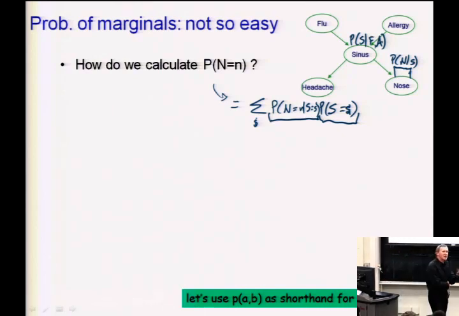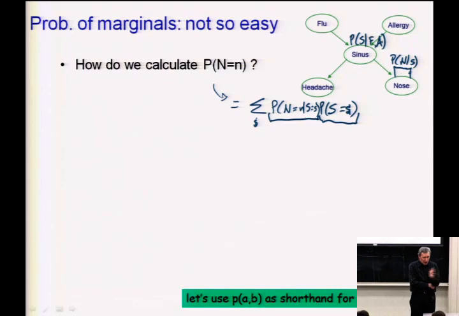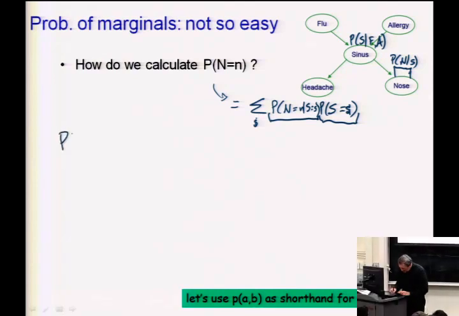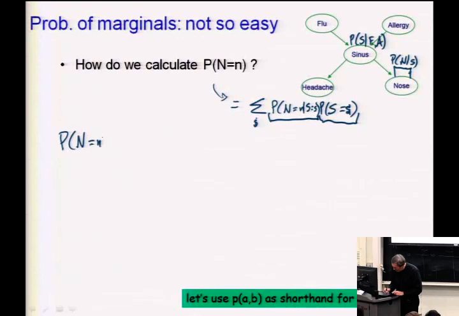The general way, of course, is to go back to basics. Think of our joint probability table with one row for every possible joint assignment of the variables, and say, well, the probability of n taking on the value n is just the sum over, well, let's see. I want to be careful here.